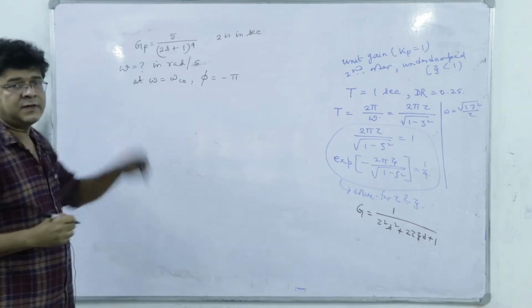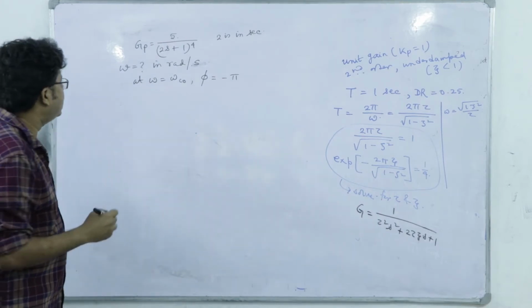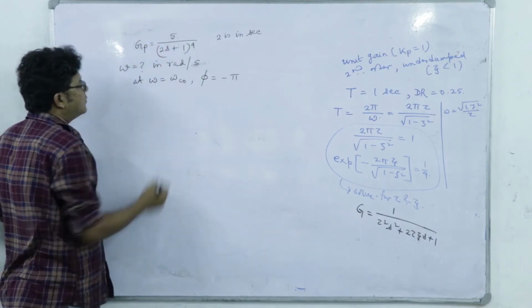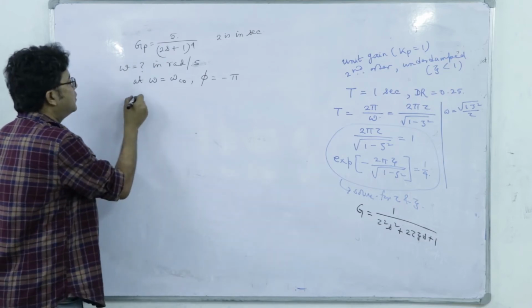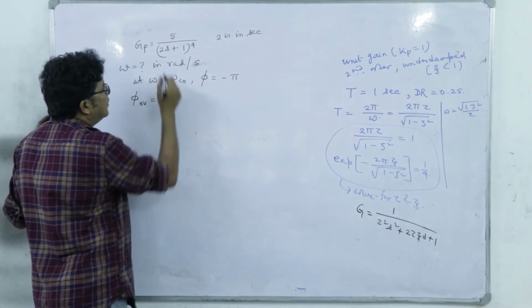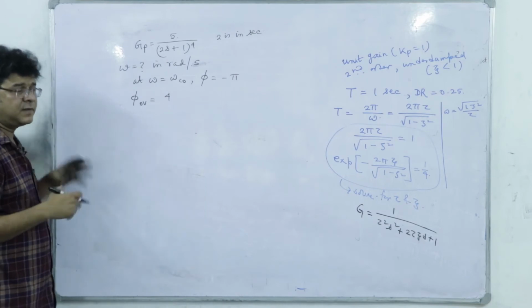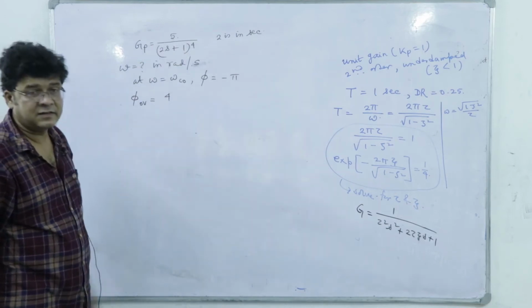Right. The phase shift is equal to minus 180 degree. So, here it is 4 first order processes in series. So, phi overall, and all are identical. So, naturally we have to go for summation phi 1 plus phi 2 plus phi 3 plus phi 4 and all these phi's are same.